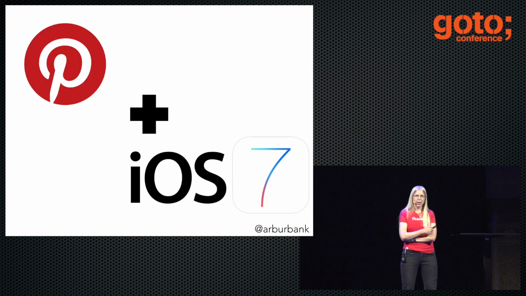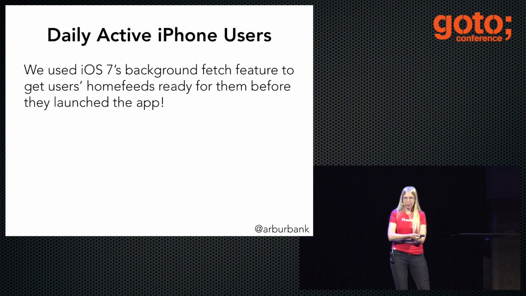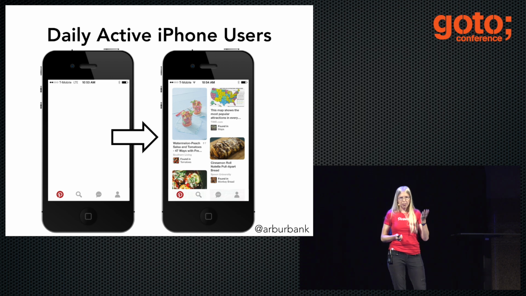So when we say we completely revamped Pinterest to be integrated with iOS 7, what that means is we used their background fetch feature to get people's home feeds ready for them before they open the app. Now, this is a really good idea. So instead of opening your phone and seeing a blank screen, you open your phone and there's already lots of inspired pics for you that you can see right away.